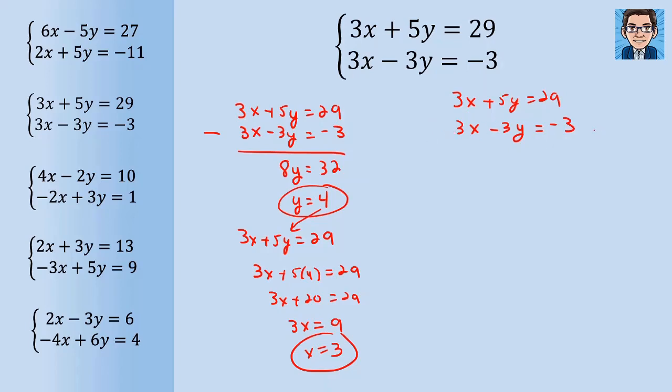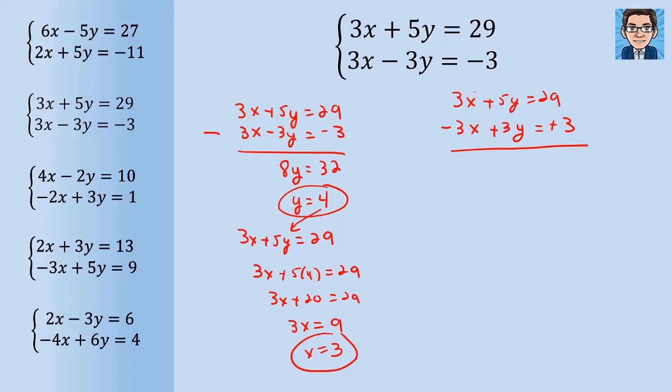Now, how can we change all the signs? Because we can multiply each side of the equation by -1. So if we did that, this becomes negative 3x plus 3y and plus 3. So we just changed all the signs of one of these equations by multiplying through by -1. And then we can do addition rather than subtraction.